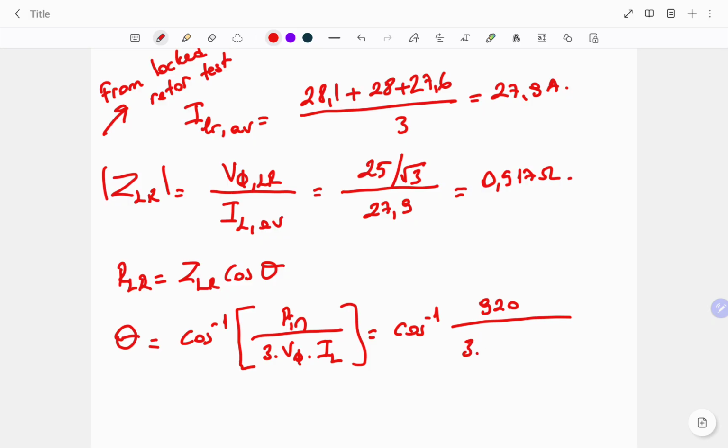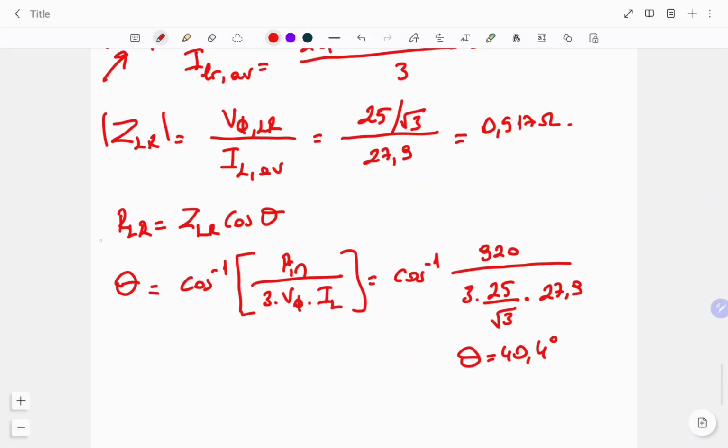So cosine inverse of 920 over 3 times 25 over square root 3, because of the Y connection, times the current 27.9. From here, theta will be 40.4 degrees.